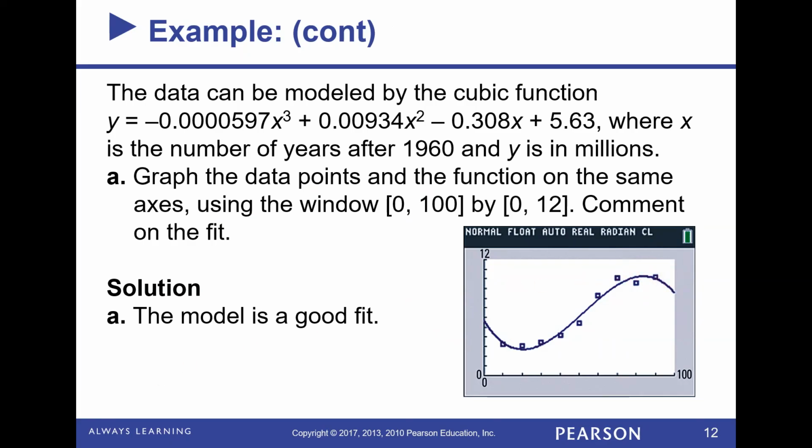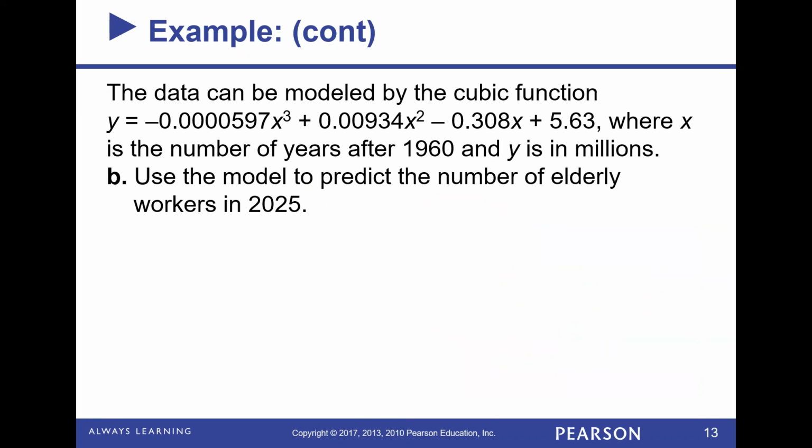Okay, so we're going to use that model and we're going to predict what is going to happen for the number of models in 2025. Now remember, the first thing, and I can't stress this part enough, is that anytime we're talking about years, there's normally somewhere where it says X is the number of years after something.